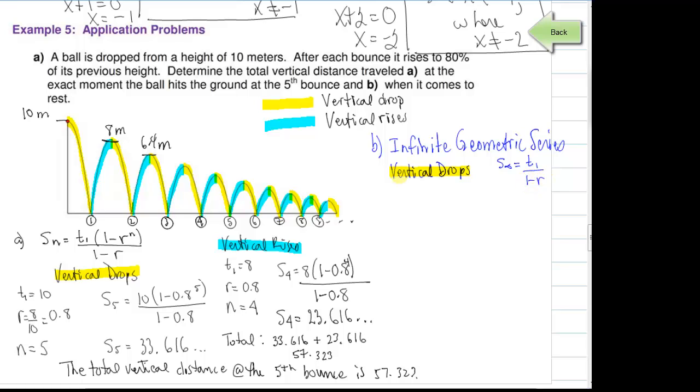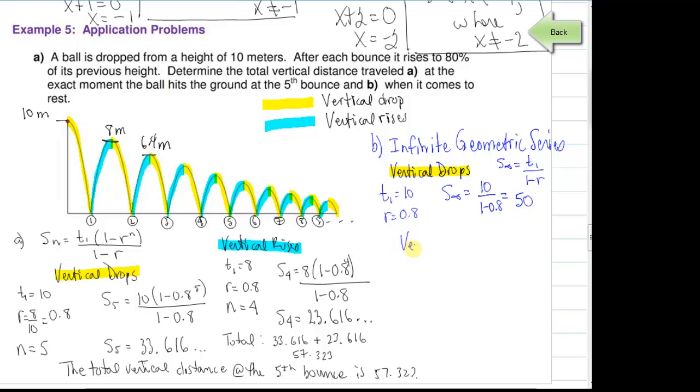Okay, so our T1 for our vertical drops is 10. Our common ratio is still 0.8, and our number of bounces, we don't have to know that. So this is all we need to know. All right, so S subscript infinity is 10 over 1 minus 0.8, and when you do the math on that, you should get 50.